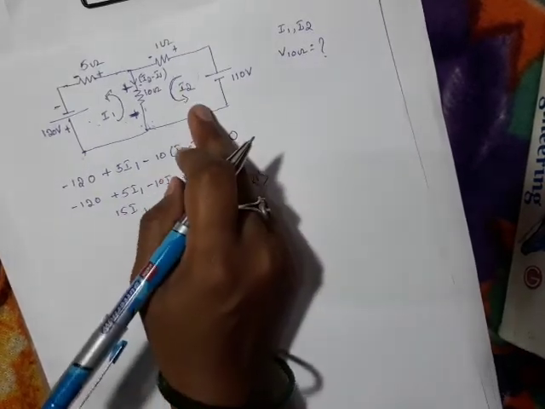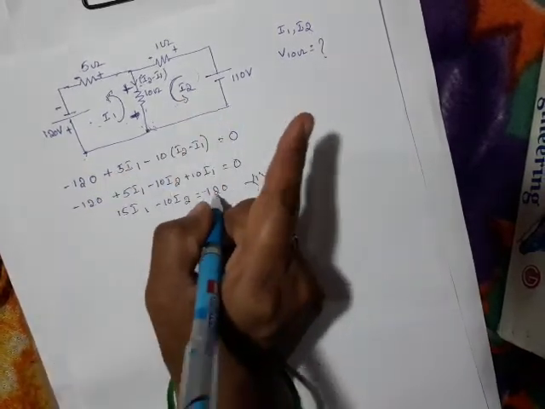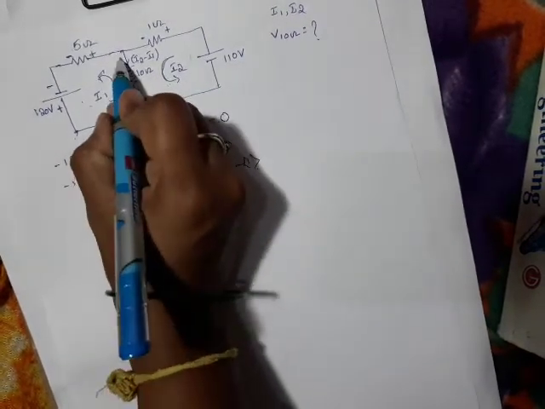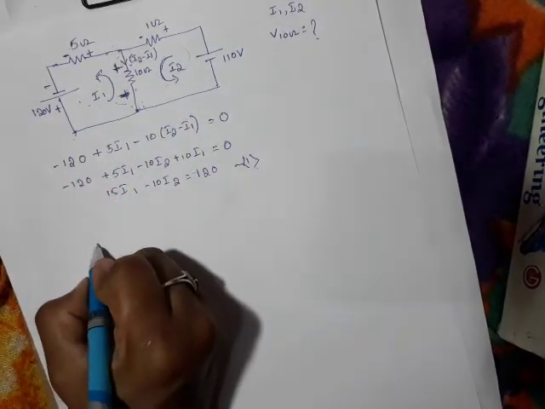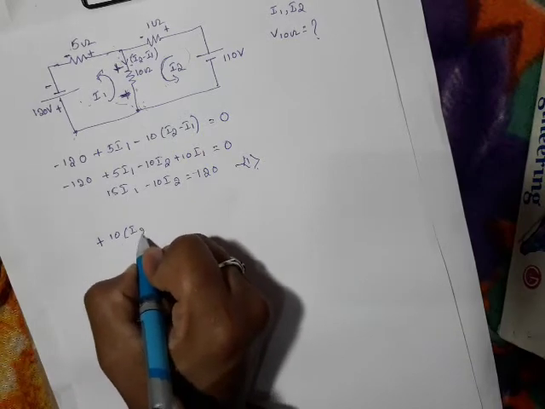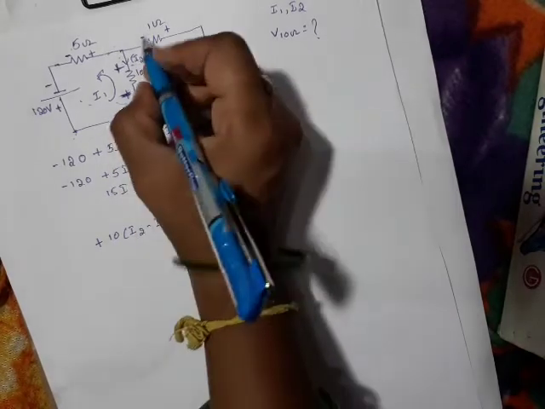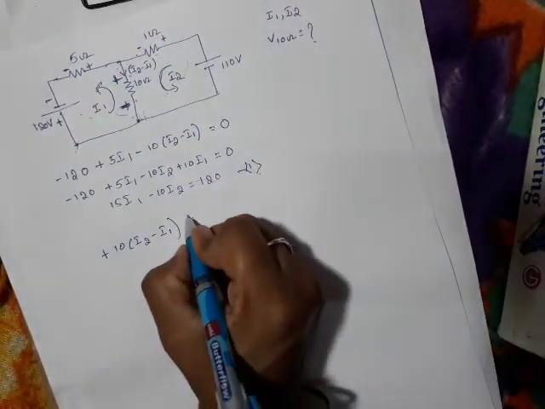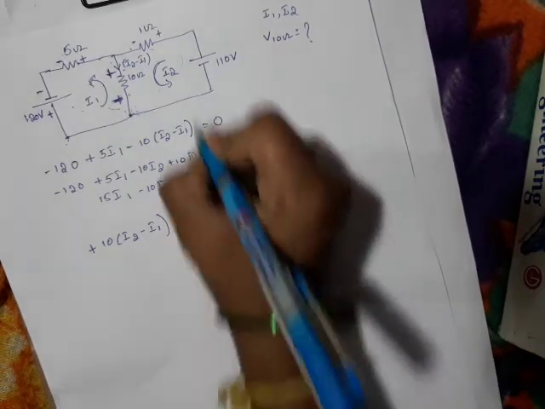Now we'll apply KVL for the second loop. We'll start from this point. Don't change the current direction again. Let it be the current direction. But we are moving from minus to plus, lower potential to higher potential, so we need to take it as positive 10 into (I2 minus I1). Again here, minus to plus, we are stepping up, so we take it as plus 1 into I2.